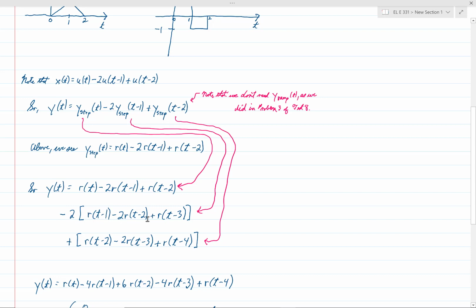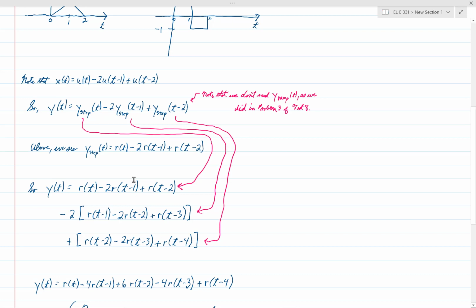And now this is y step of t minus 1. And you can see that that's true. Just substitute in t minus 1 everywhere up here. So you have r of t minus 1 there, minus 2 r of t minus 2 here, plus r of t minus 3 here. And then finally, the last term is y step of t minus 2.